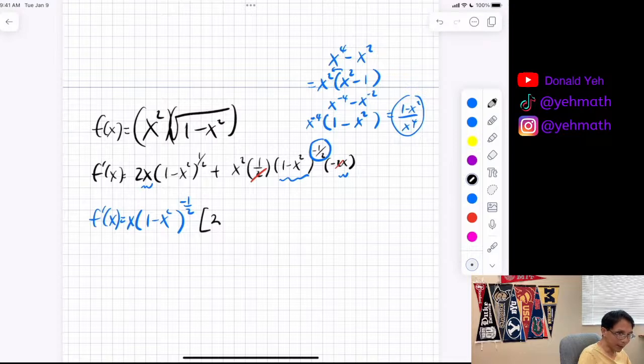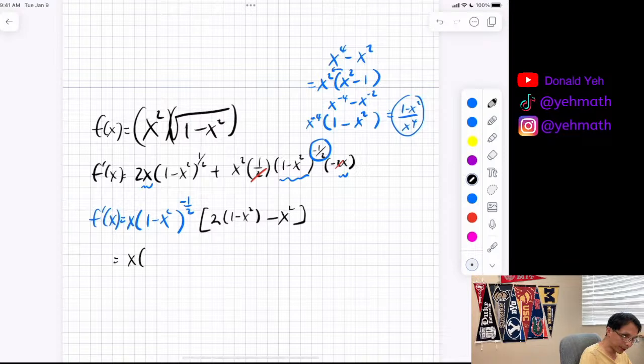But that 1 minus x squared is going to be to which power? To the first, because 1/2 minus negative 1/2. For the second term, it's going to be minus actually, because I have a negative sign in the back. And I'm left with the x squared because everything else is out.